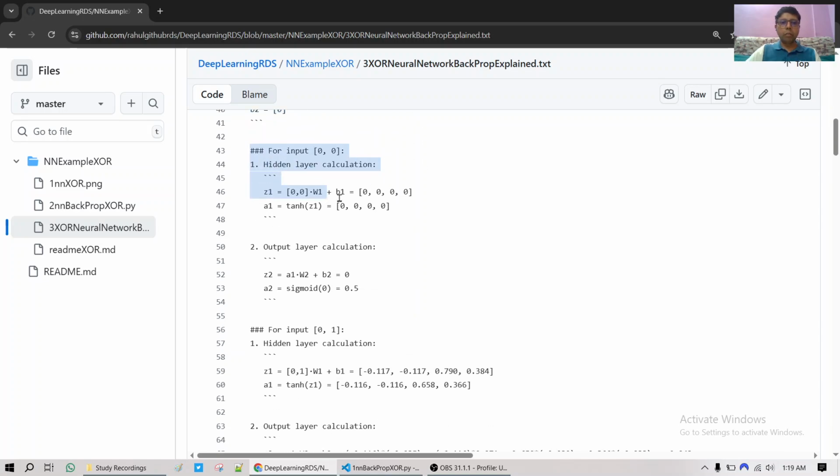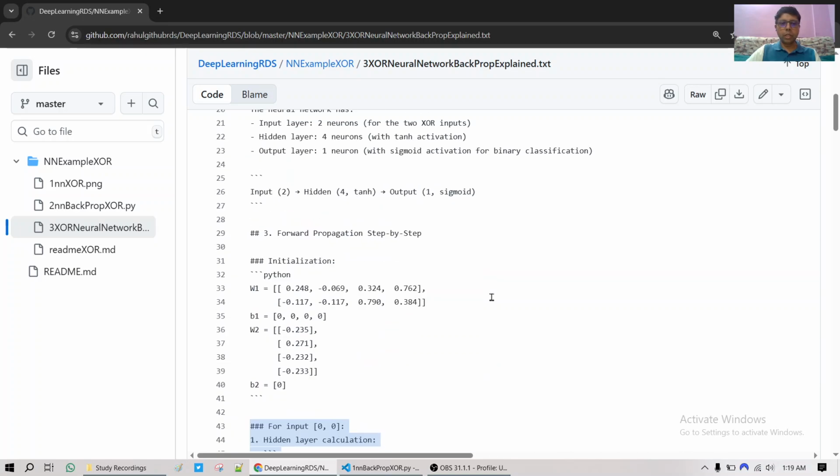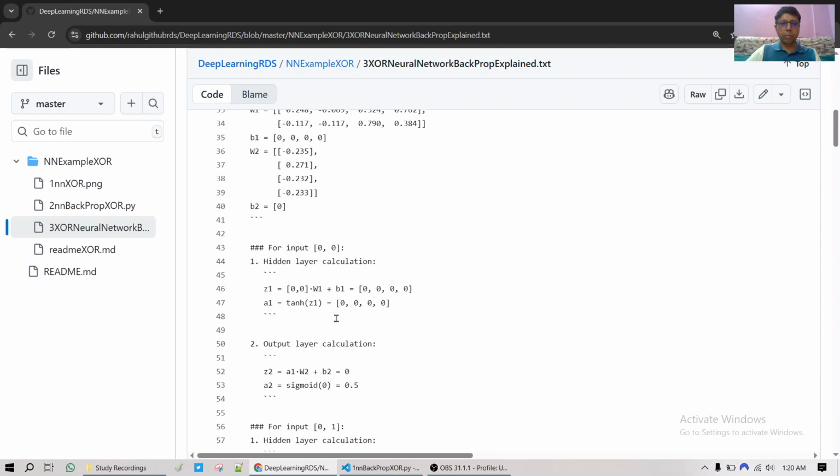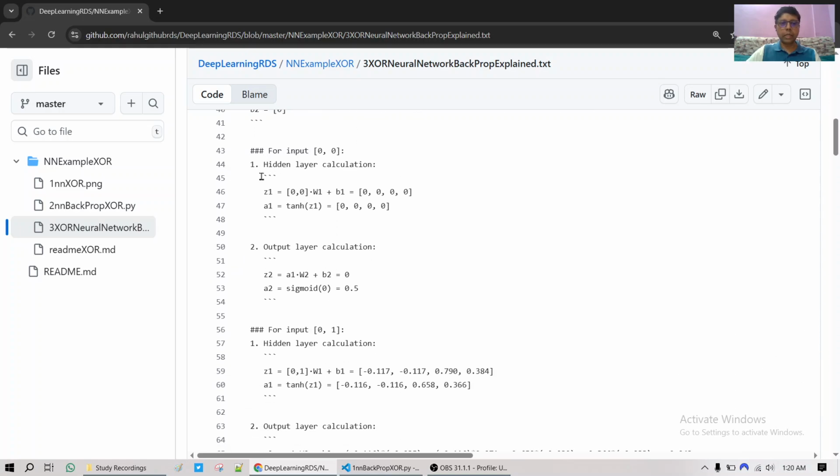So let's take an input, it's very simple to understand. Let's take the 0 0 input and see how the program behaves. In the hidden layer calculation, it prepares the dot product of the weightage and the bias. But here the input is 0 0, so we got this particular vector z1 and a1 as 0.